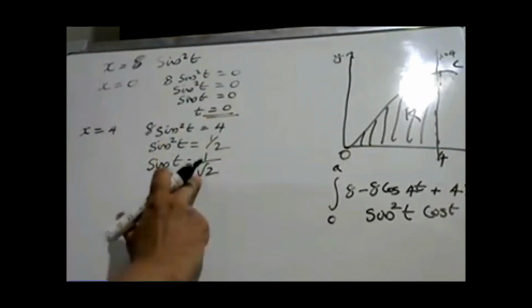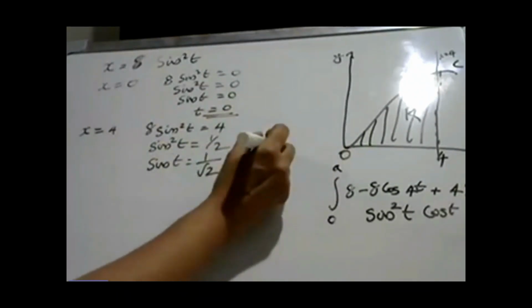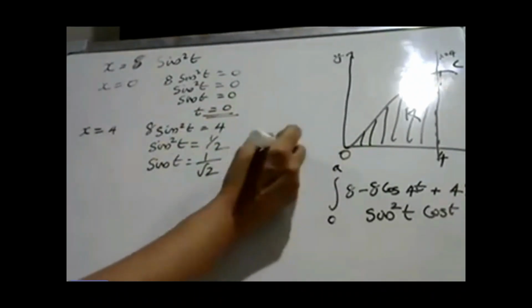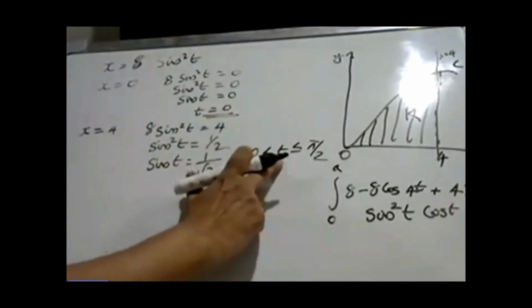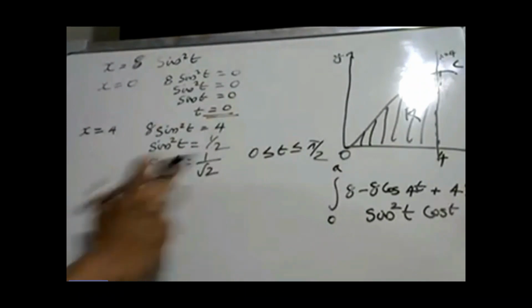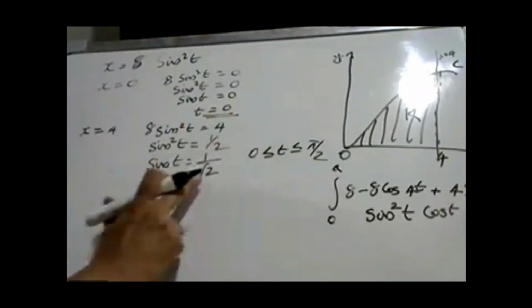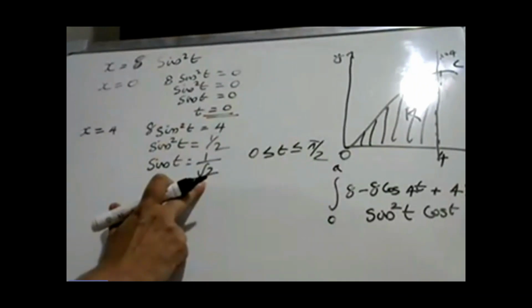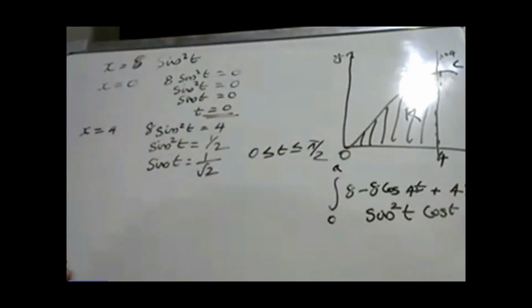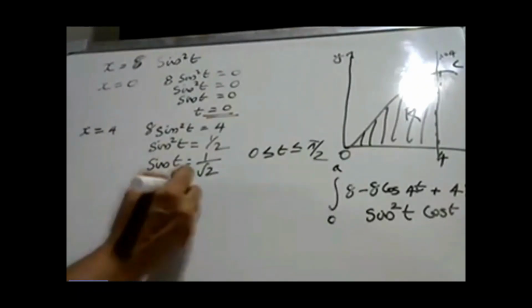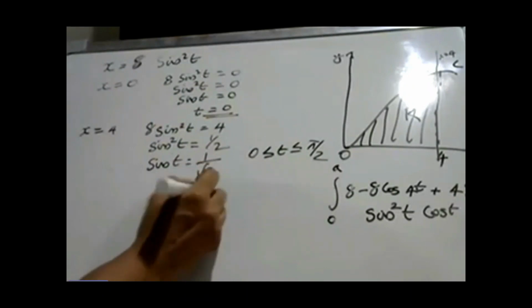We have taken the positive value because we are given that 0 is less than or equal to t is less than or equal to pi over 2. So we are considering only t between 0 and pi by 2. So the value of t is equal to pi over 4.